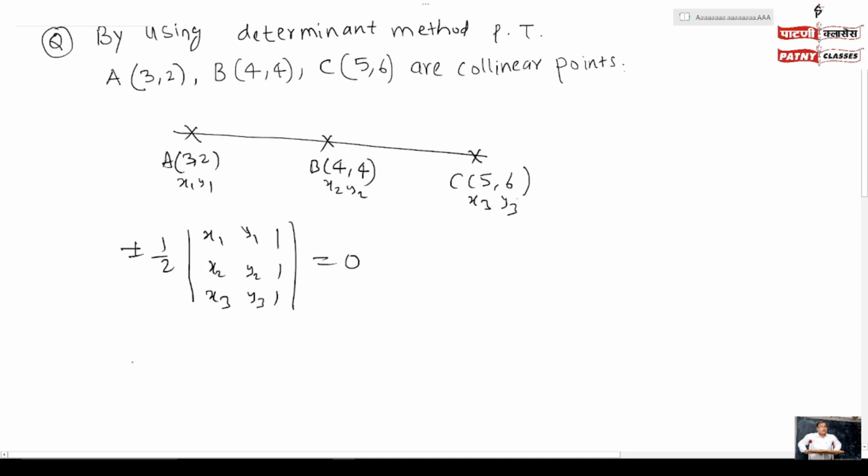Equals to 0 implies determinant 3, 2, 1, 4, 4, 1, 5, 6, 1. If we get determinant value 0, then only they are collinear points.